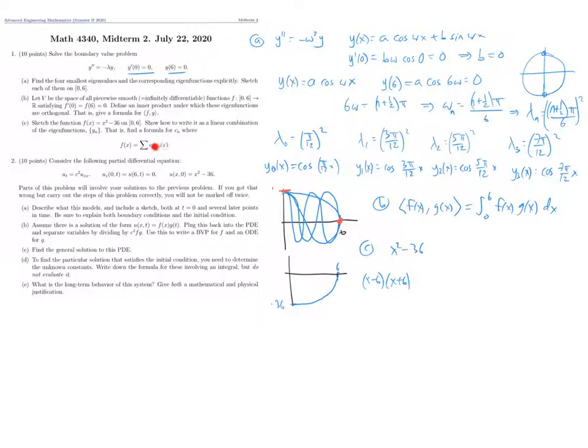write Cn as a linear combination of the eigenfunctions. So Cn is just the inner product of x squared minus 36 with yn over yn. And I'm not going to write this in terms of an integral because I've defined the integral right here.